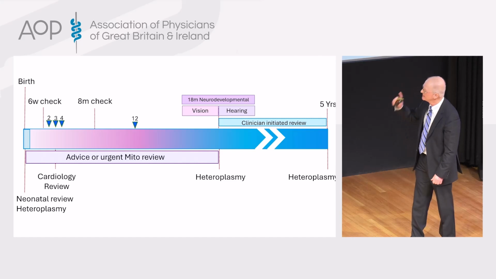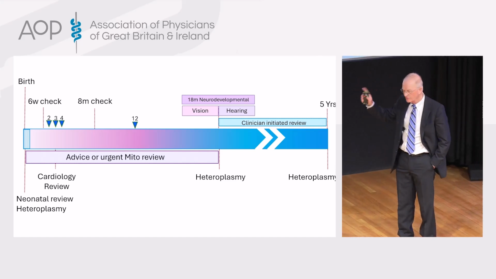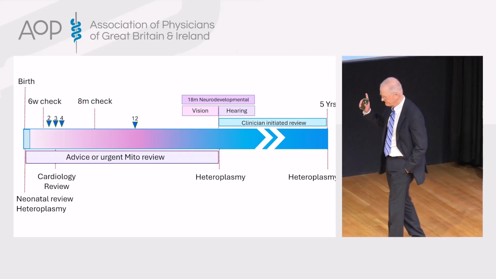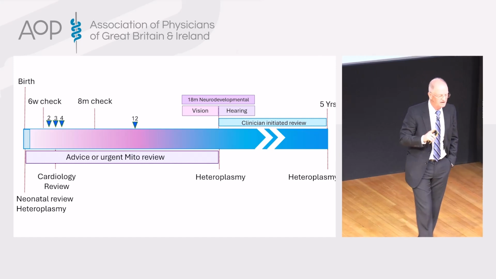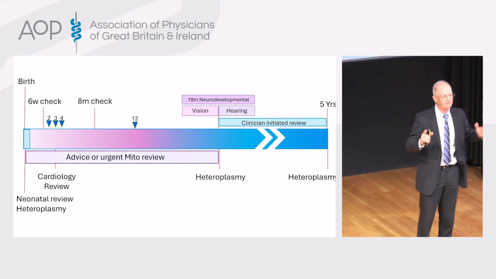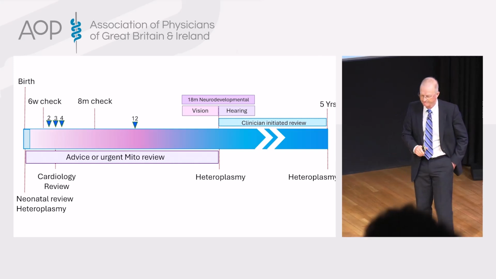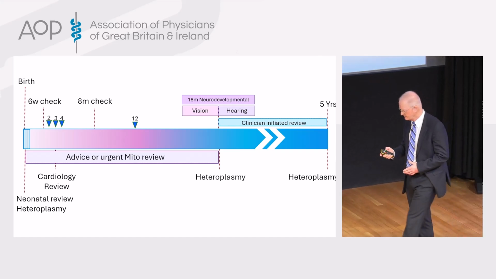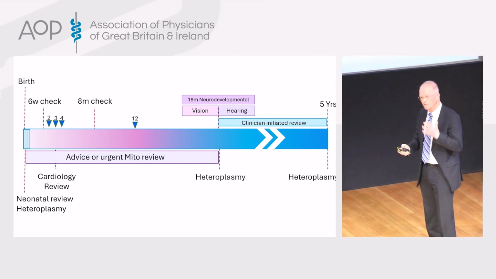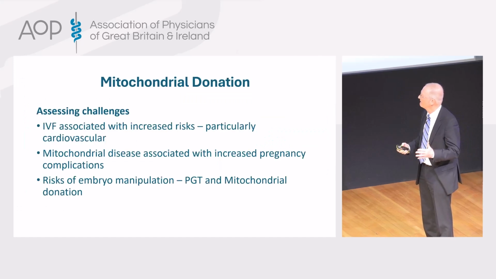Suppose one of the children going through mitochondrial donation had a medical problem. Let me just say a structural cardiac defect. The difficulty here would be, is that due to the mitochondrial donation, or is it not?